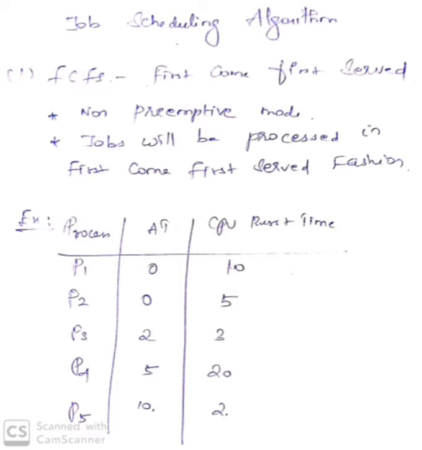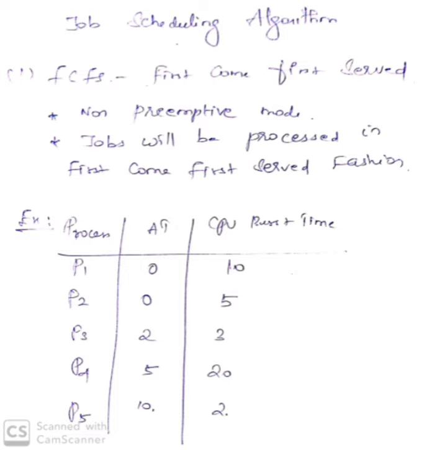What is non-preemptive actually? If one process is running, the other process getting into the queue has to wait until the previous process completes. For example, P1 is running and it will take 10 minutes to complete. The other processes, P2, P3, P4 and so on, should wait in the queue. They will not come and disturb the first process, P1.